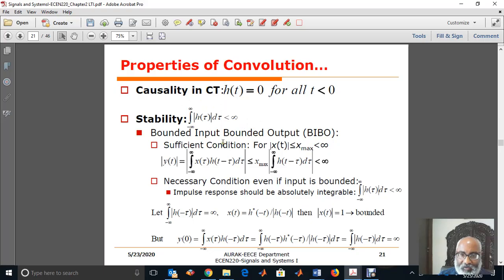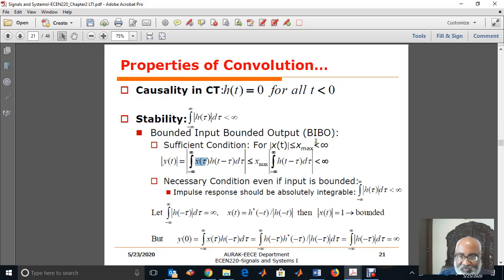For example, here is a sufficient condition for a stable system. First, we have bounded input: the absolute value of x of t is less than x max, which is less than infinity. Then the absolute value of y of t is less than or equal to x max, where we substitute x max for x of tau, and this should be less than infinity, which means x max is positive.